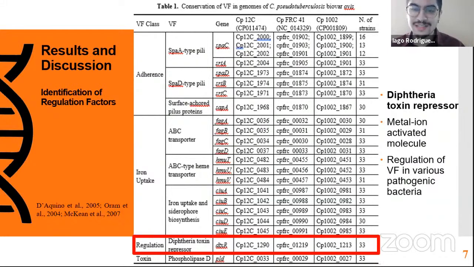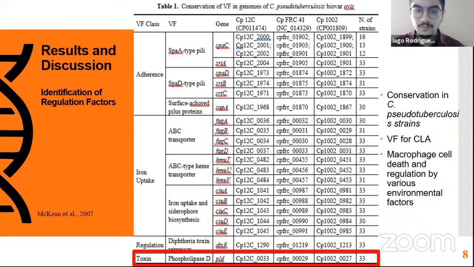As the name suggests, we can associate the diphtheria toxin repressor with the disease diphtheria, but we could find the conservation of this gene in all of our analyzed strains. The literature reports the presence of these factors in different species, suggested to be acquired through horizontal gene transfer and having different roles and functions for different organisms.